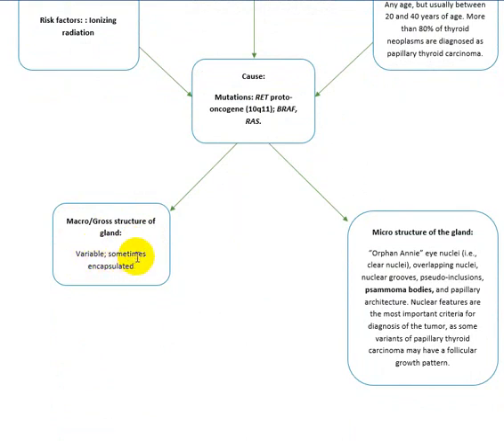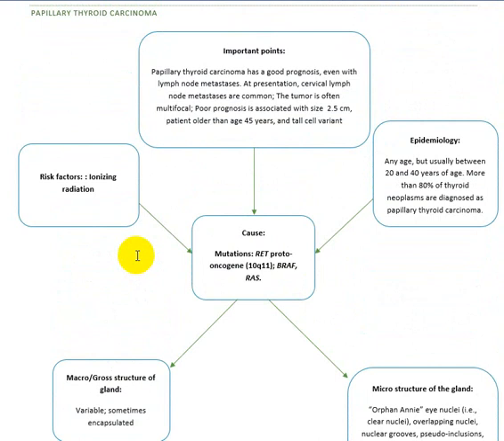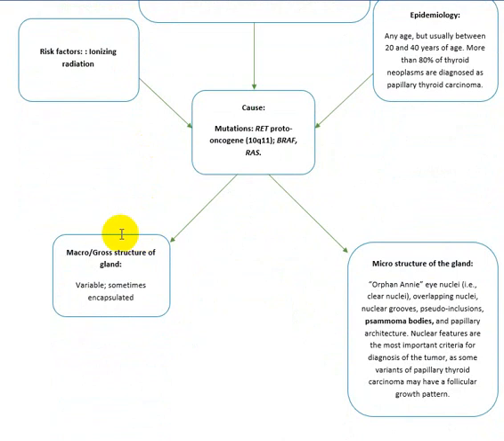So we said that papillary thyroid carcinoma occurs mostly at the level of the cortex. This is why you are going to have more encapsulated thyroid, variable and sometimes encapsulated. Now the microstructure of the gland: often Orphan Annie eye nuclei, that is clear nuclei.